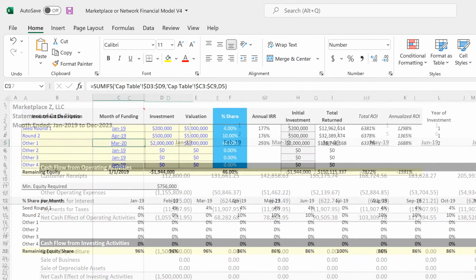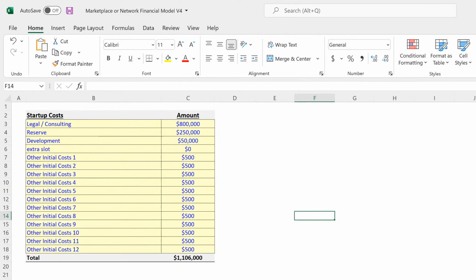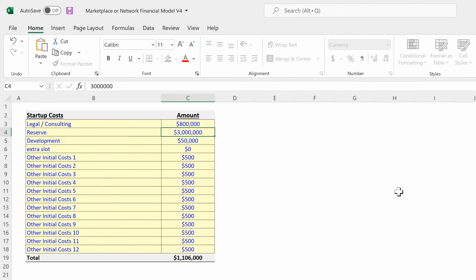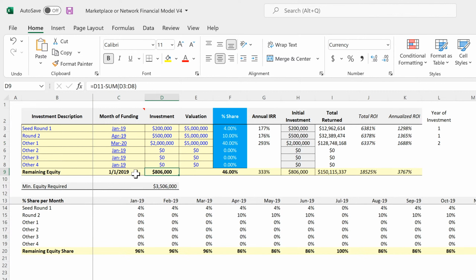And then let's go back here. Let's say we have more startup costs here. Let's put like a $3 million reserve. Okay, good. So then we got money coming in for this. Here's your min equity required, 3.5.